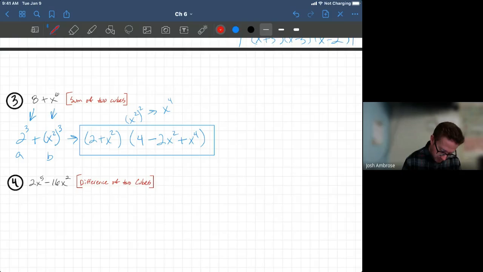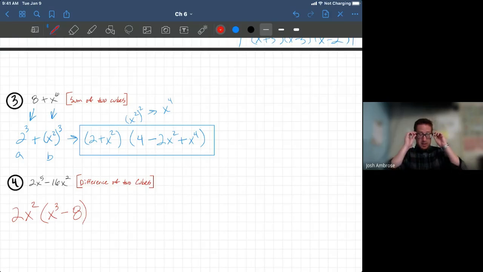So what we can factor out is a 2x squared. Then let's rewrite what we have left over. This now becomes x cubed minus 8.